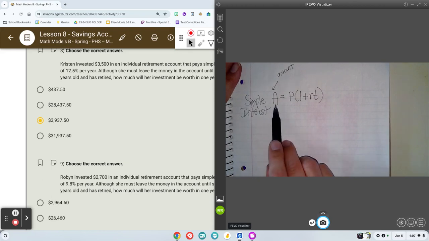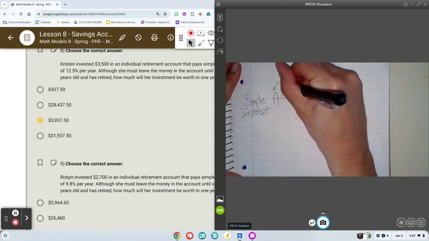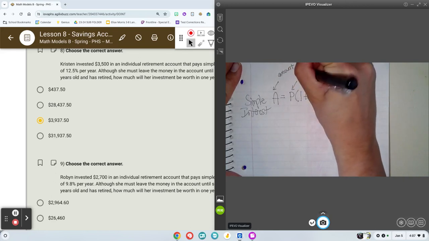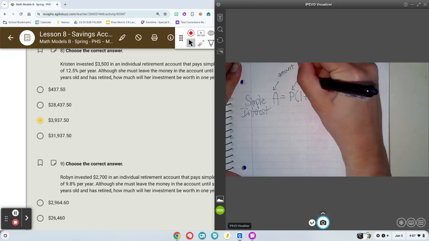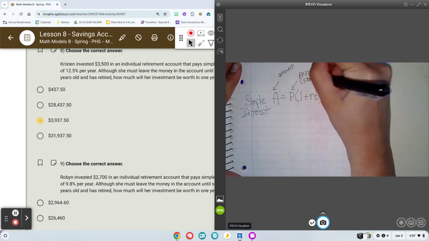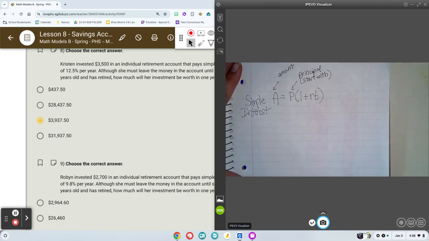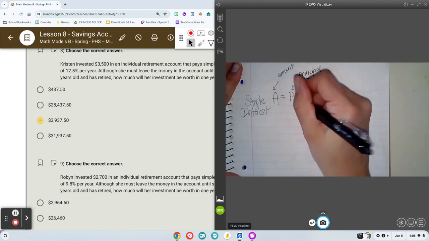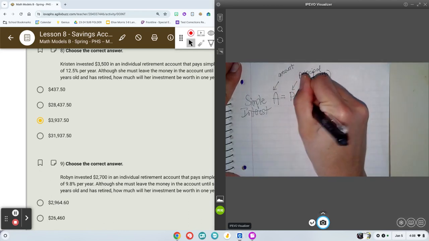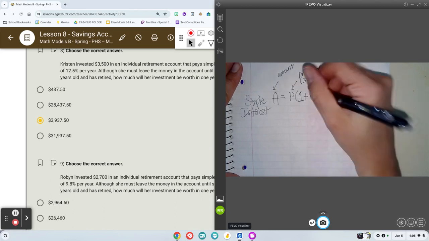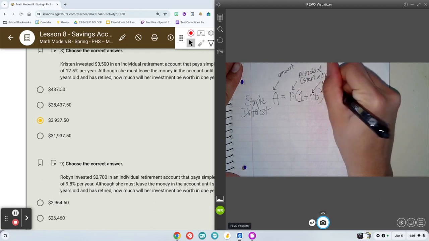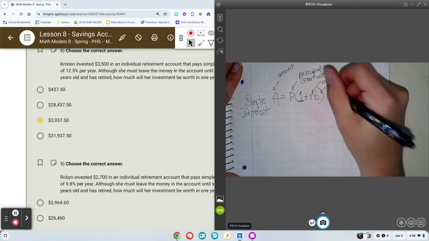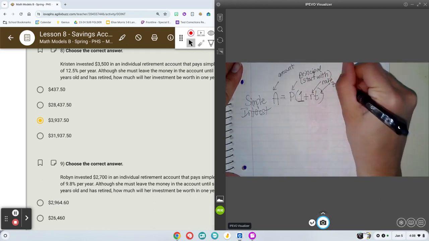A is the amount your investment will be worth, which answers the question. P represents the principal. Okay, and this is what you start with. It's the money you're going to invest. Okay, this is the number 1 plus RT. R represents the rate, and T represents the time in years.